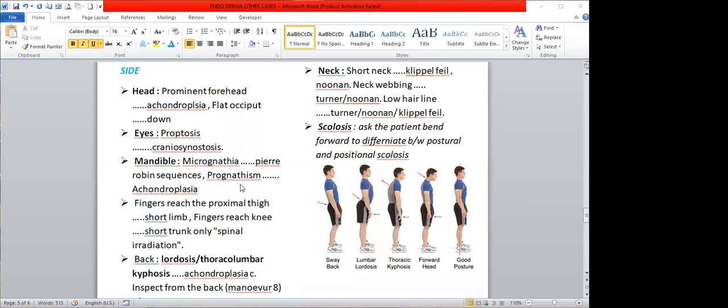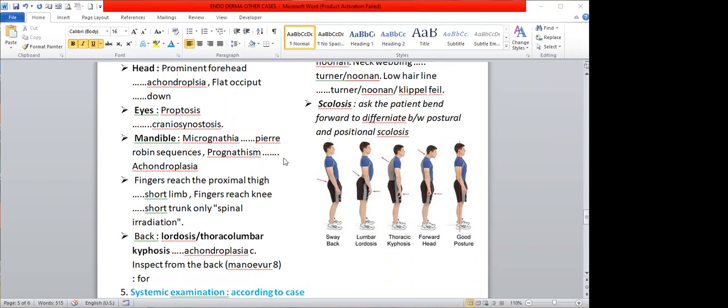Gigantism is also seen, no? Sotos has gigantism, but Sotos is not short stature. They will be tall, overgrowth. So basically, an achondroplasia child will have a prominent mandible.